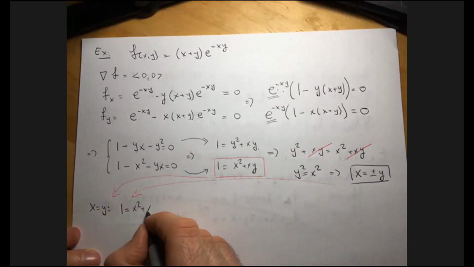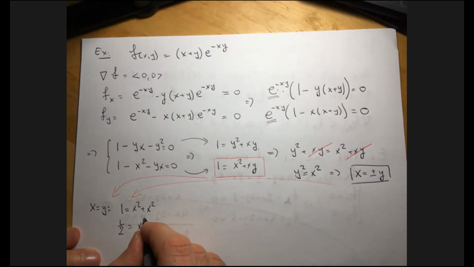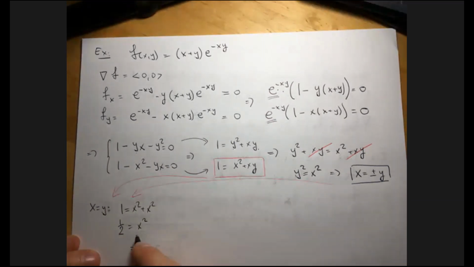Y is x now, so x squared plus x squared, which means this is 2x squared, and x is equal to positive or negative square root of 1/2, or x is equal to positive or negative 1 over square root of 2.